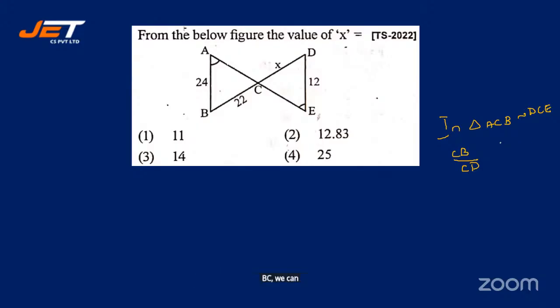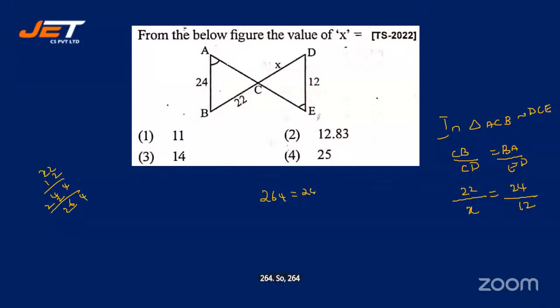We can say that CB by CD is equal to BA by ED. So what is CB? 22 by x is equal to what is AB? 24 by 12. If you cross multiply, what is 22 into 12? 264. So 264 is equal to 24x. x is equal to 264 by 24.